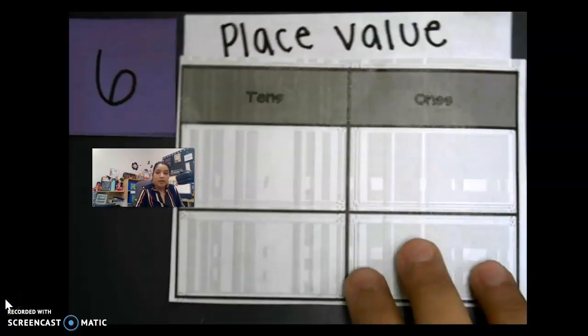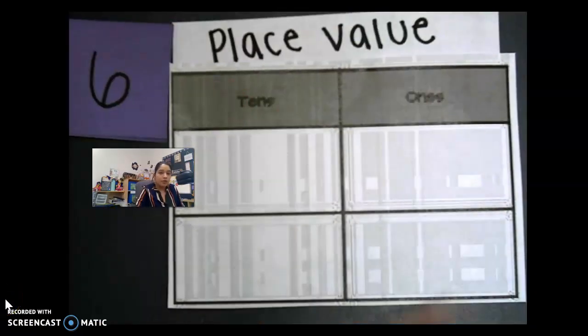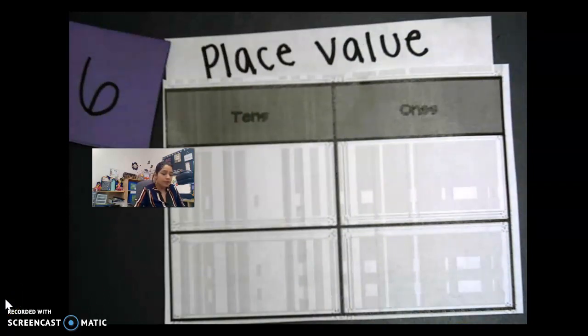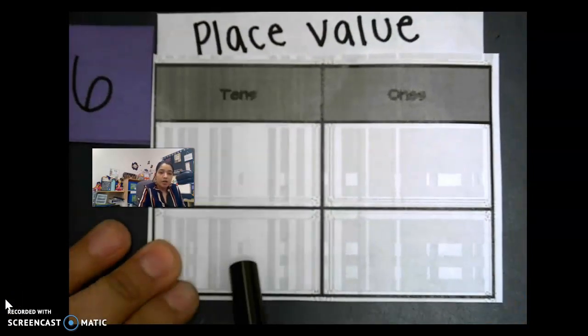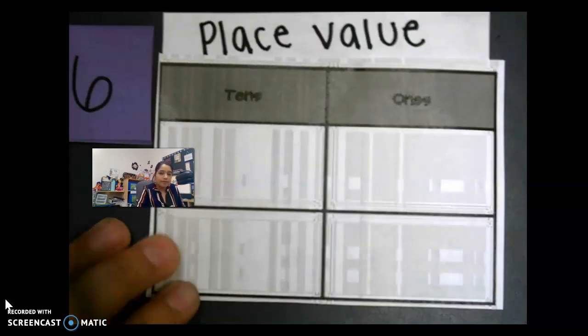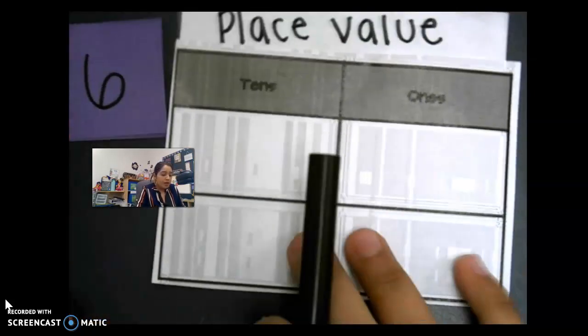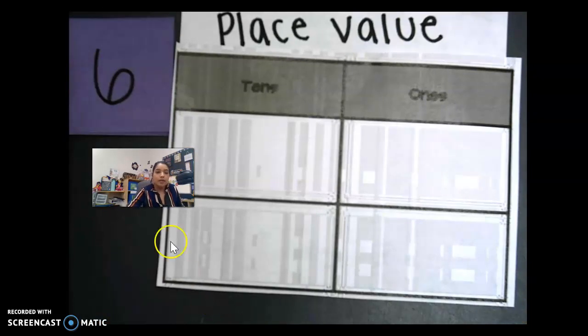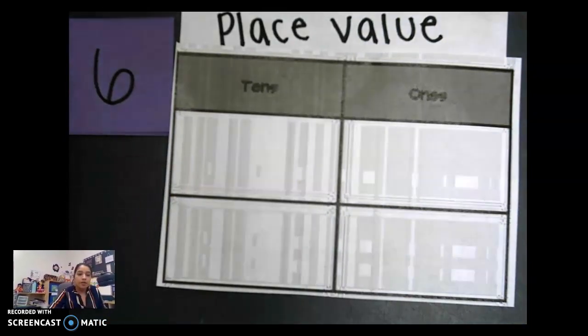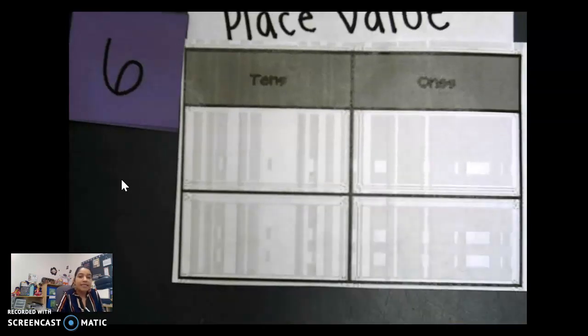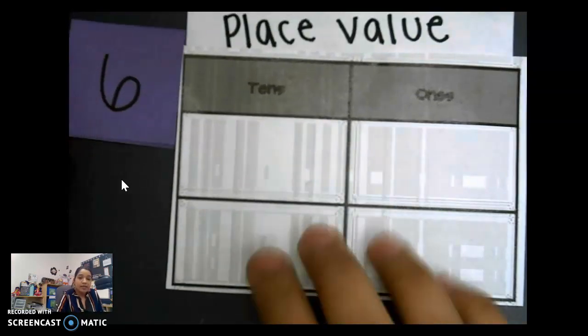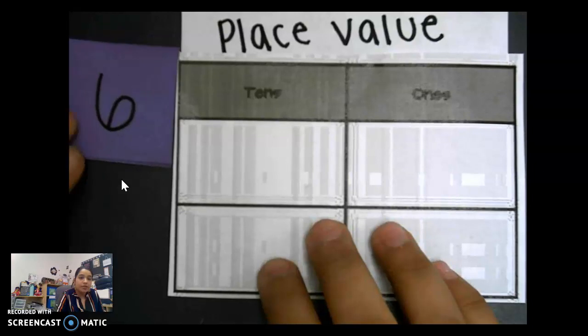We're going to go ahead and look at our place value chart. So I have a place value chart right here. And we can see that we have our tens column and our ones column. So we're going to go ahead and look at the number 6 right here. So in the number 6, how many digits are there?